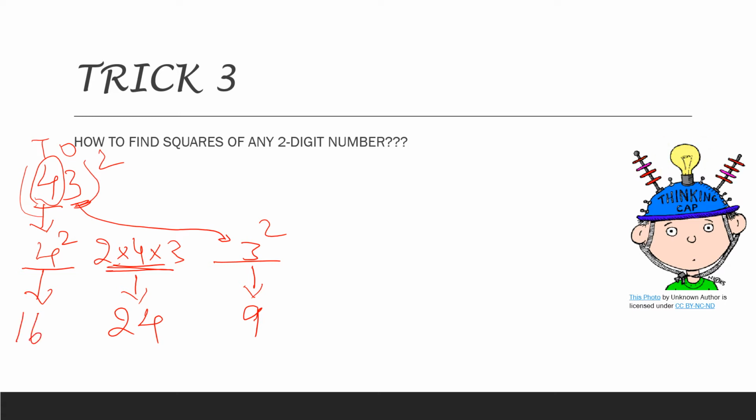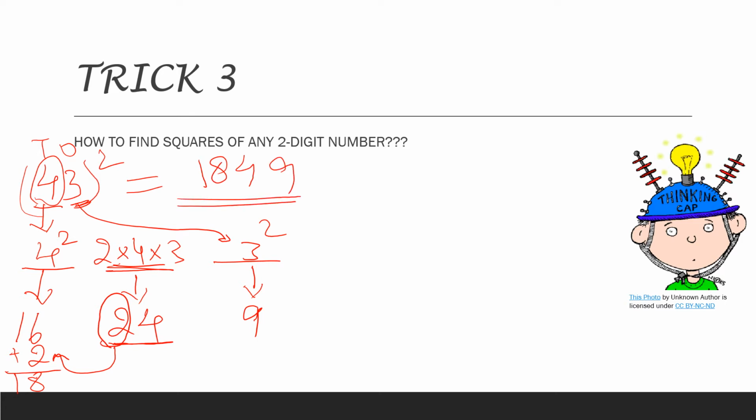As we have a two-digit number over here, the first digit goes to the left and gets added with the number over there. So it becomes 18. So the square of 43 is nothing but 1849, and this is the square.